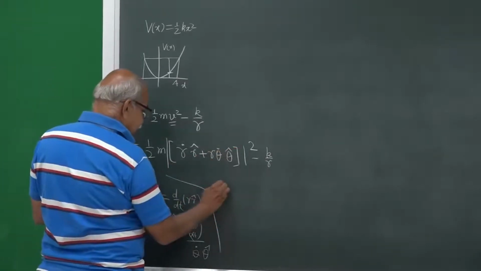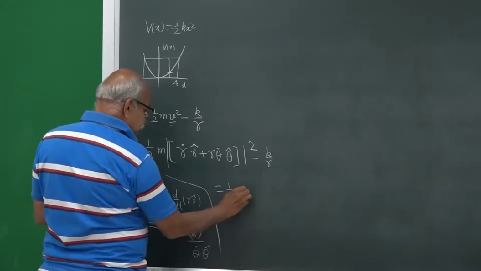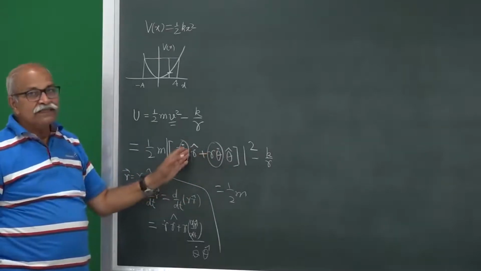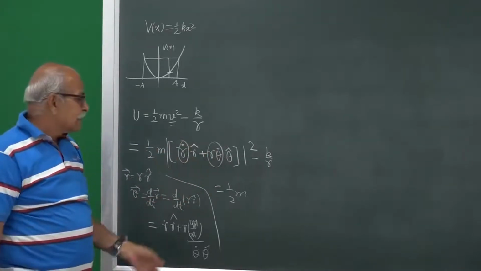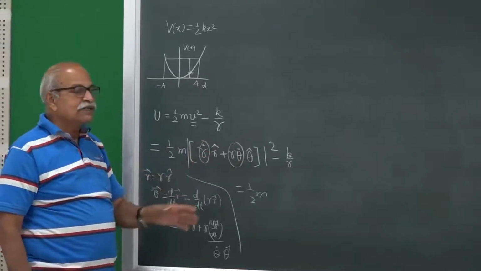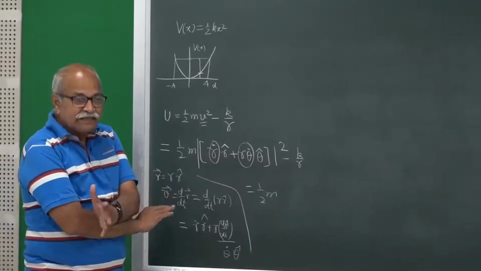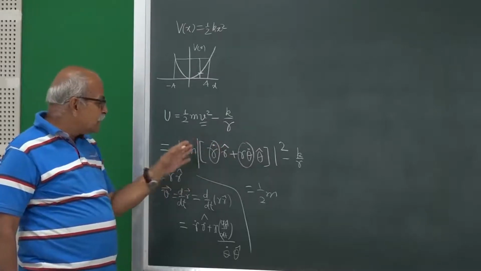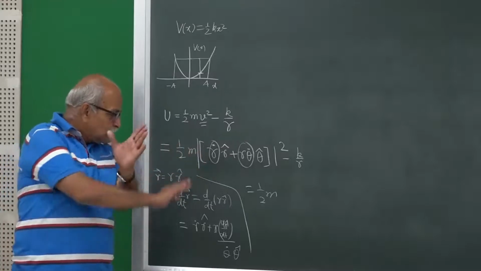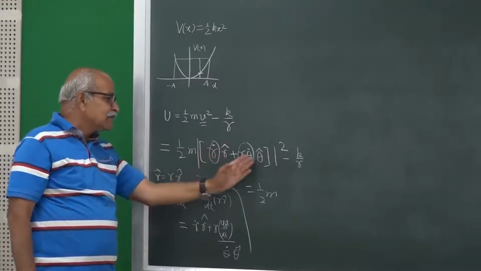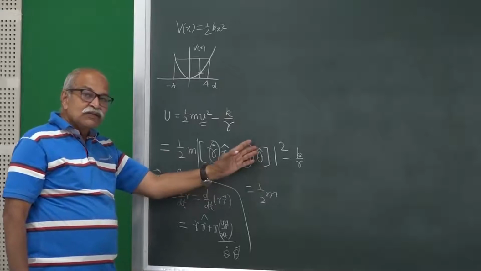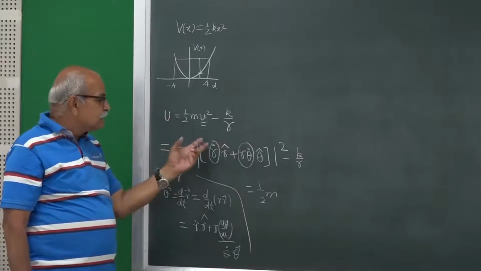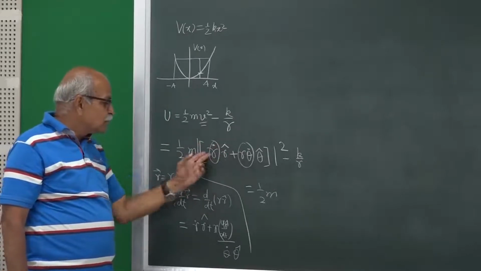This magnitude square is half m times this component square plus this component square. R cap direction and theta cap direction are perpendicular, unit vectors in perpendicular directions, and therefore you have broken the velocity vector into perpendicular components, one along r cap, another along theta cap, and so the magnitude square is the sum of the squares of the two components.